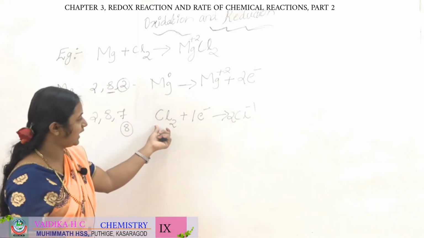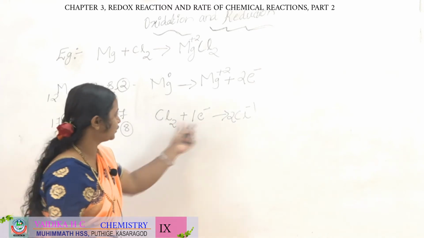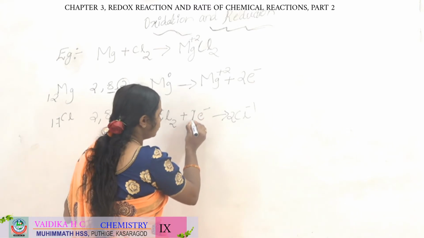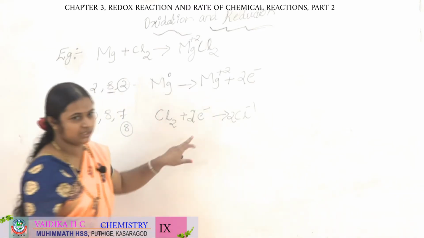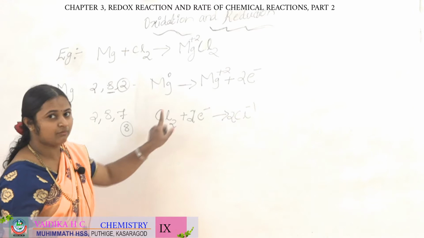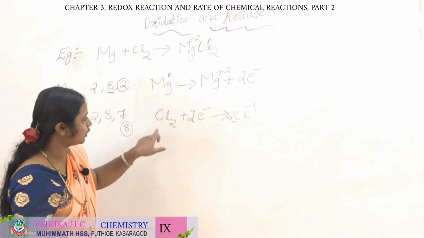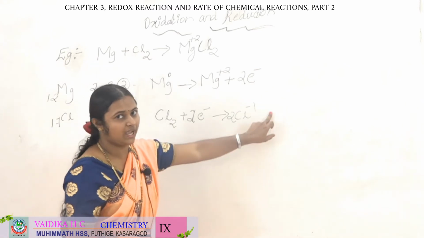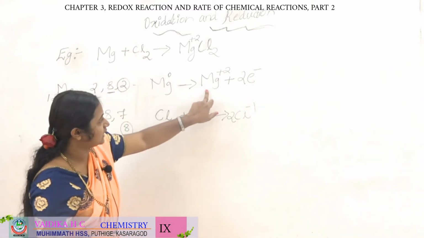One chlorine atom wants 1 electron, here 2 chlorine atoms are there, so 2 electrons. It will form 2 chloride ions. Here the magnesium ion is there.